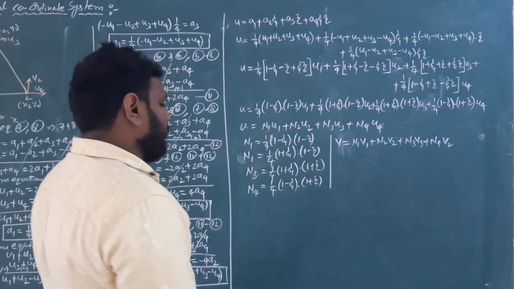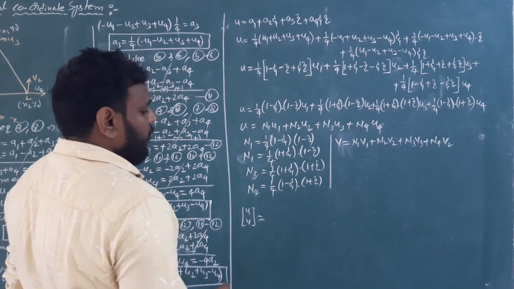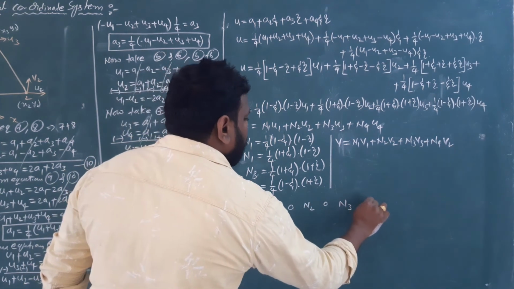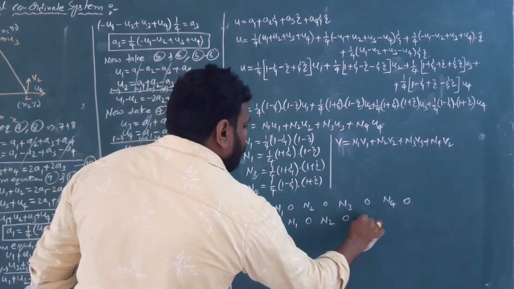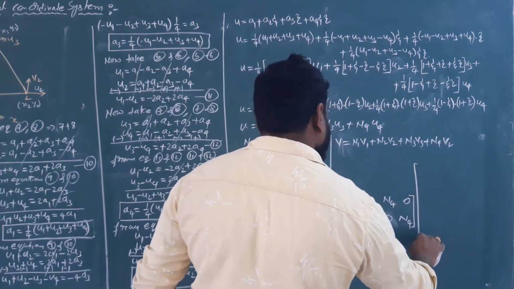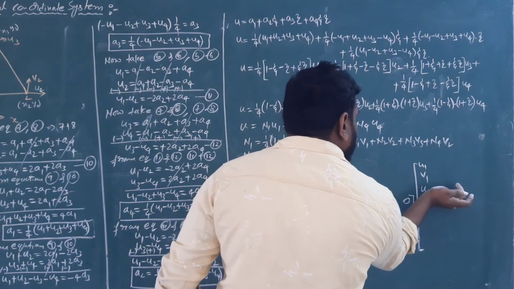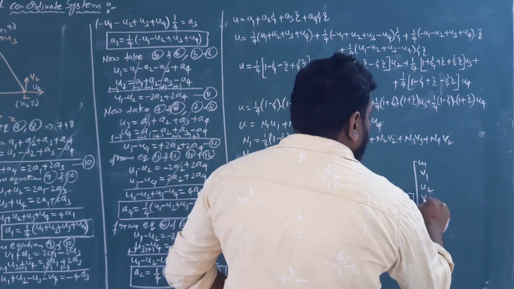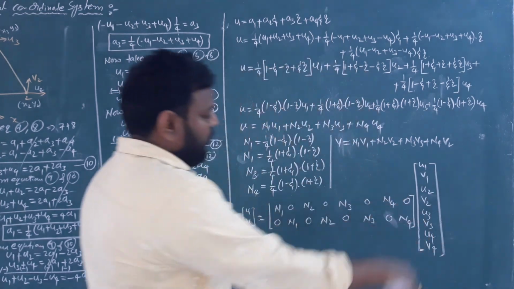In matrix form you can write u and v equal to n1 0 n2 0 n3 0 n4 0, and 0 n1 0 n2 0 n3 0 n4, multiplied by u1 v1 u2 v2 u3 v3 u4 v4. This is the final equation we got.